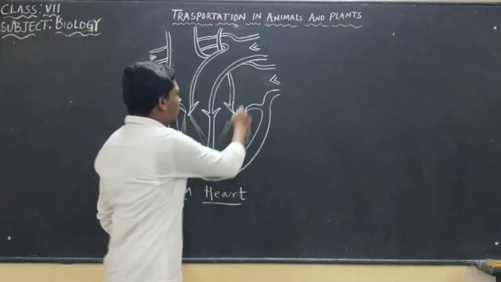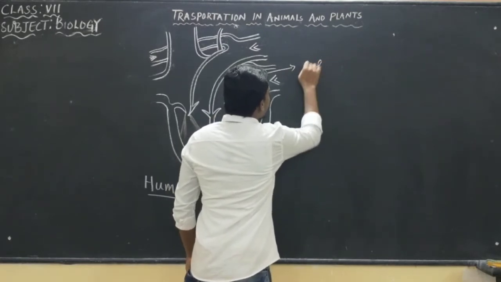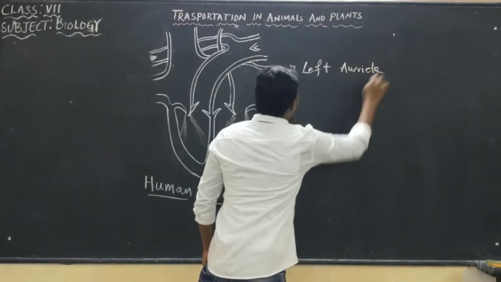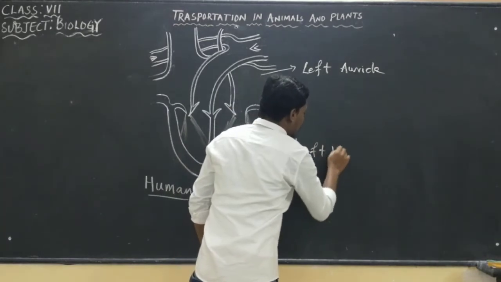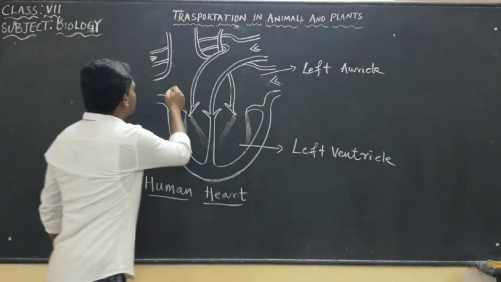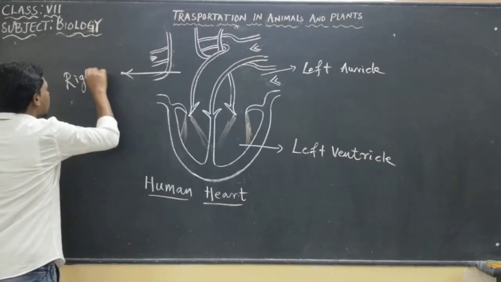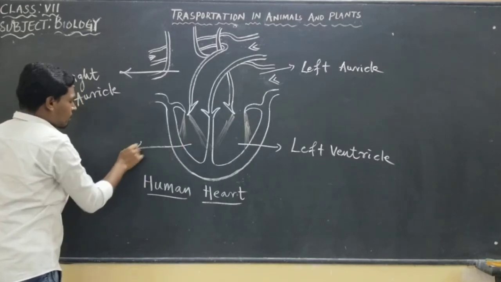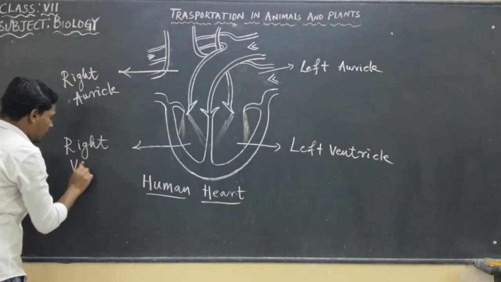This will be our left auricle, and this will be our left ventricle, and this will be our right auricle, and this is the right ventricle.